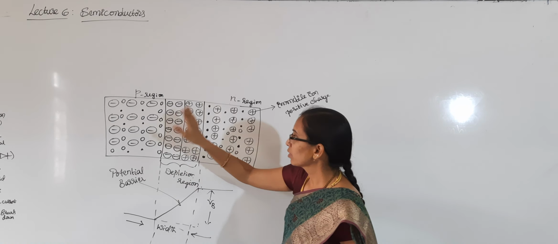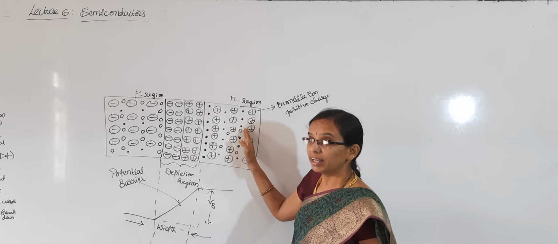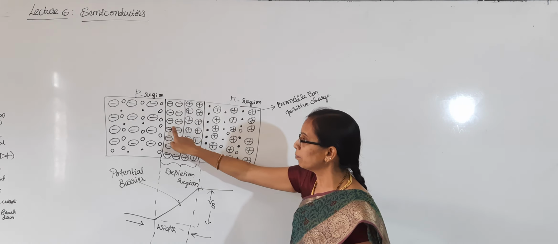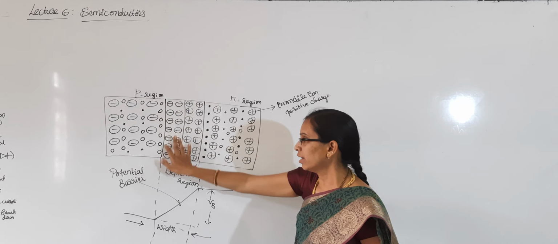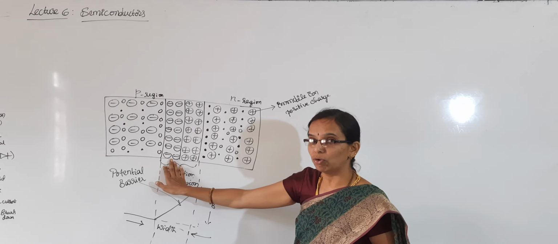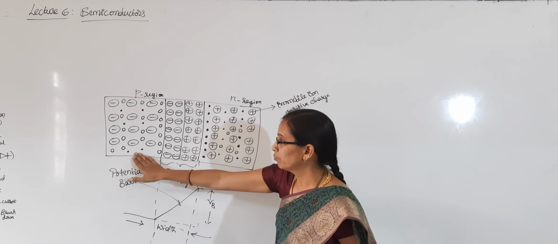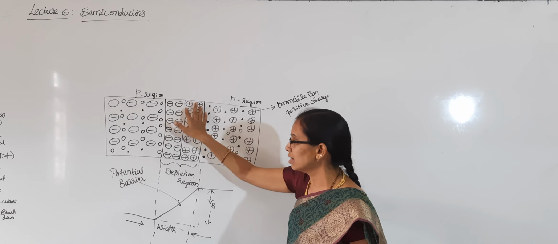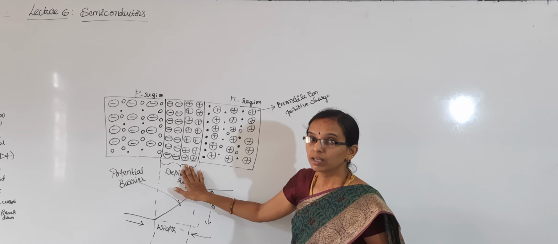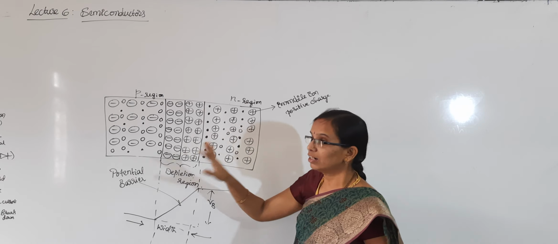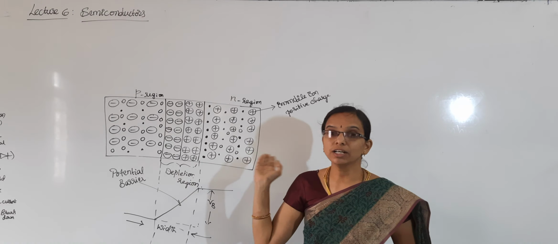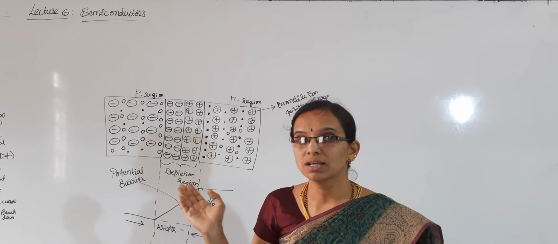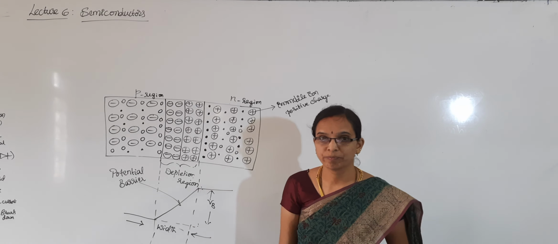The electrons, which carry negative charge, are repelled by the negative immobile ion wall, and the holes, which carry positive charge, are repelled by the positive ions. Therefore, further diffusion of electrons and holes will be stopped.